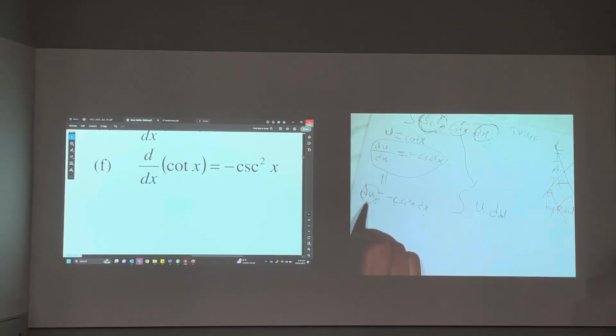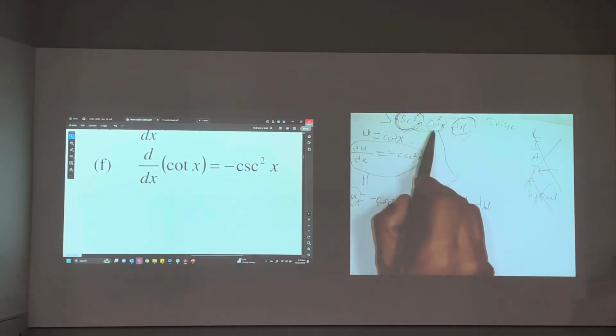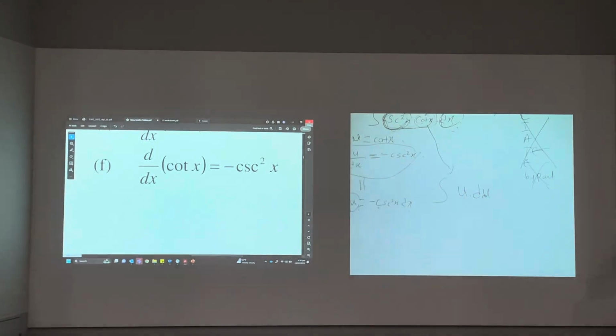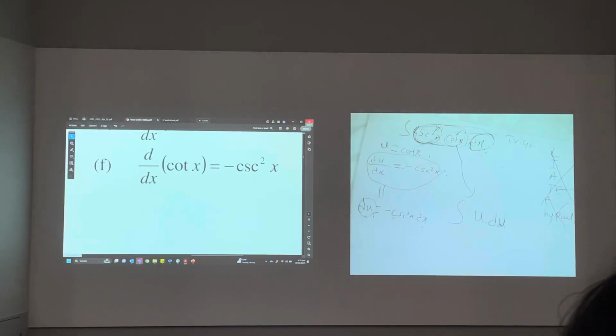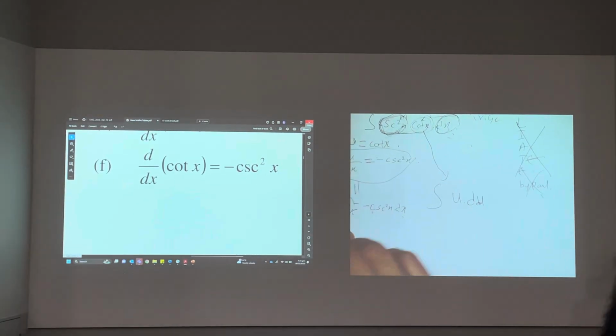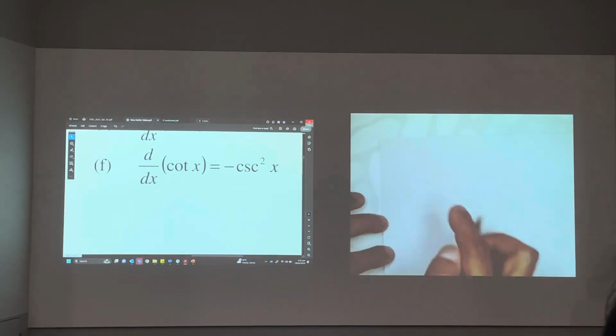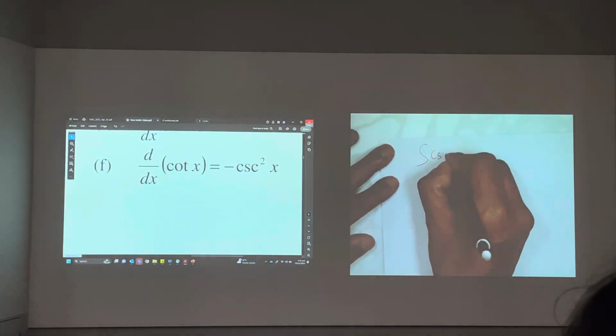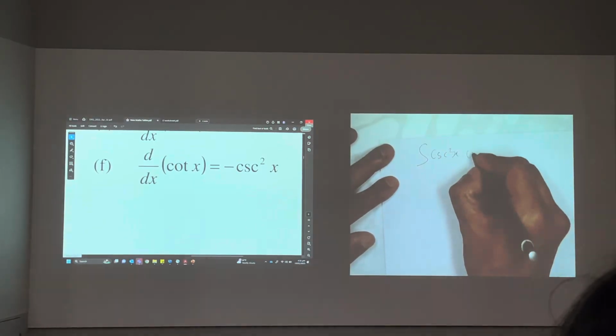This one, because we want to simplify this one. Okay, I get what you mean. Let me rewrite in a different way.